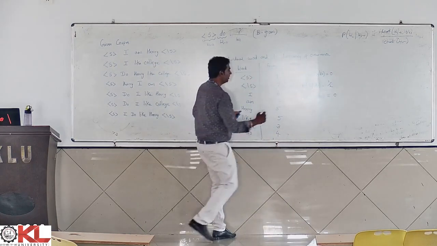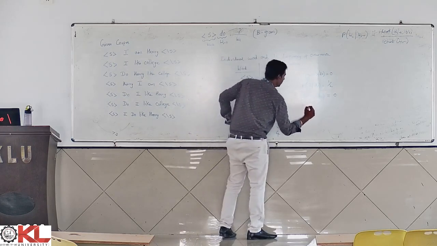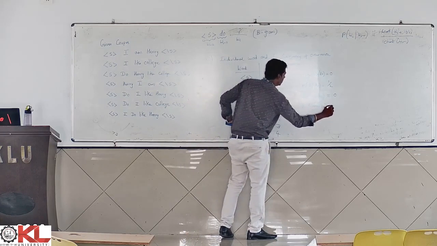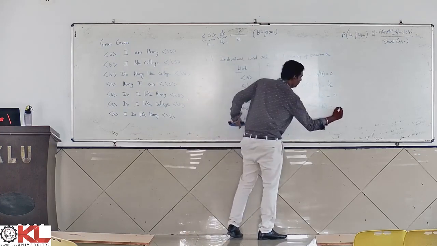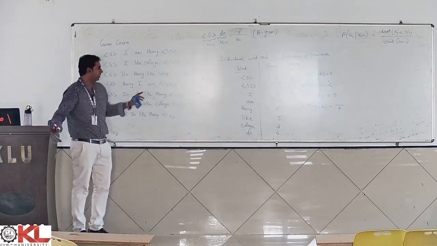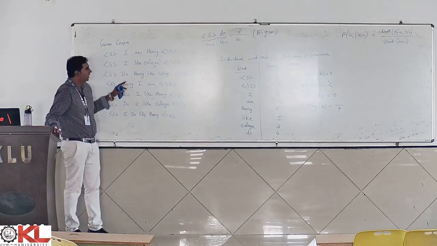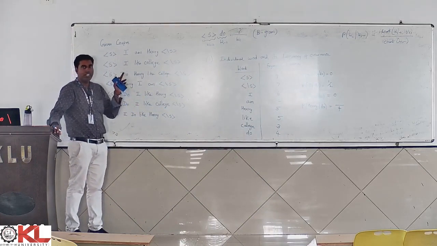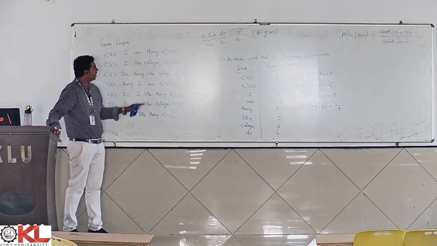Similarly, I am checking for the word Henry. How many times does the word Henry occur after the word "do"? The denominator value is 4, we very well know, for the given corpus. Next we are going to check how many times the sequence "do Henry" occurs in the given corpus.